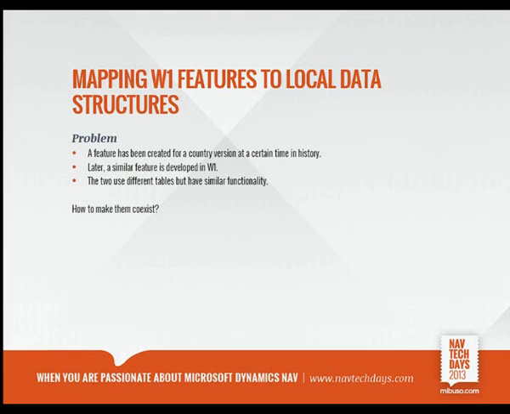The user who is used to doing their activities in one way in the country version should be able to use the functionality that you added in W1. But then you have a problem, because they have a different table structure and use a different algorithm to process. So that's why we decided, for Dynamics NAV 2013 R2, to implement something that can be called a proxy pattern.